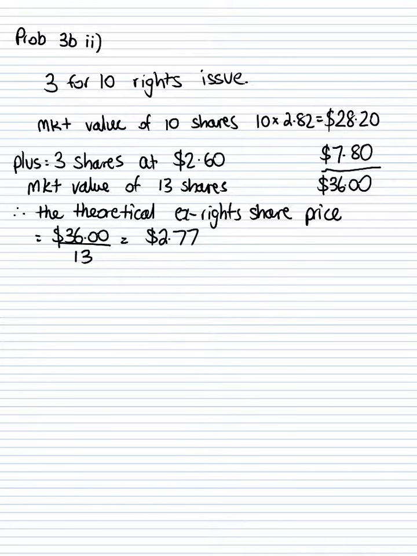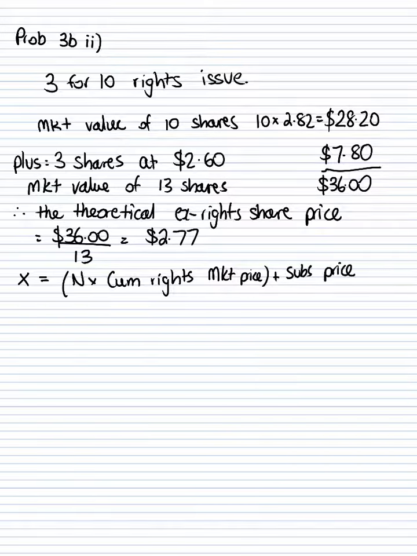Now, I could have used the formula to calculate this. So this is the formula that's given to you on the formula sheet. So N times cum rights market price plus the subscription price, all over N plus 1.